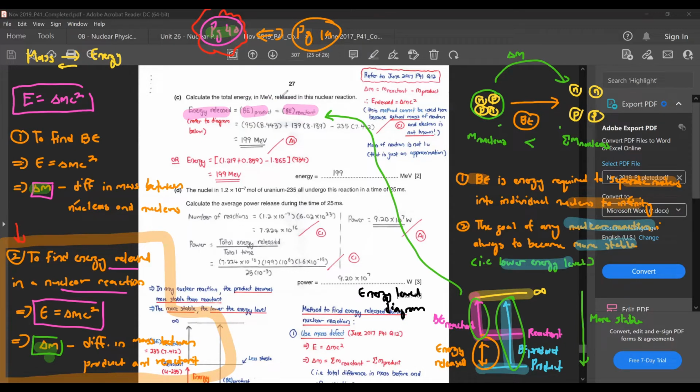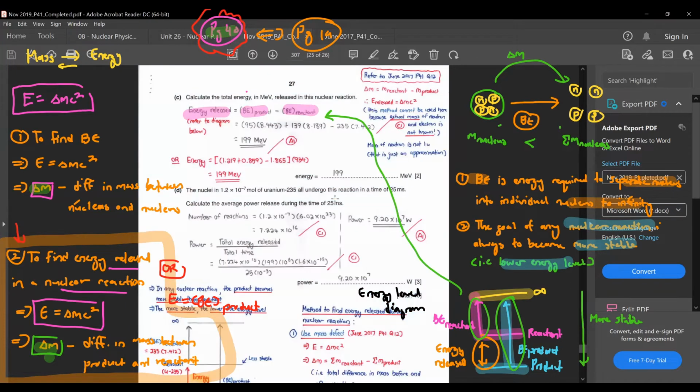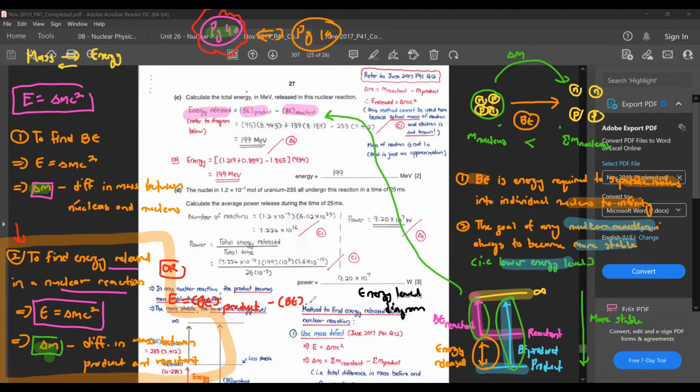Maybe I can also write it somewhere. To find energy release in a nuclear reaction, you either use E equals delta mc squared, or you can just say E is the BE of the product minus the BE of your reactants.